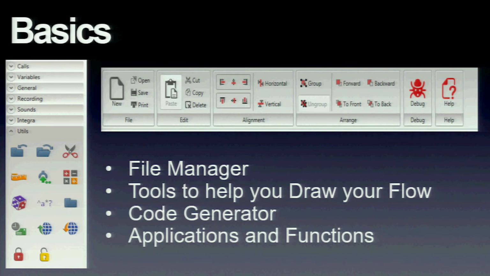Then you have a lot of tools to help you draw your flow. You can copy and paste activities with the properties all set, so it's very easy to start doing things faster. You can group, you can align, so it's also very easy to read what you are building.